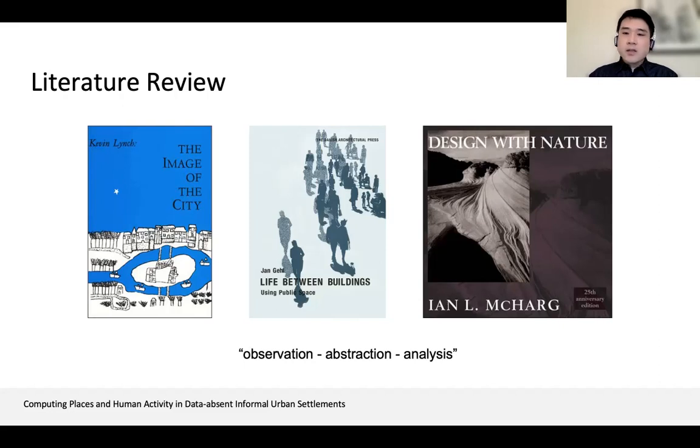The layering technique later provided inspiration for GIS technology eventually. But overall, all these urban design or urban planning methods usually follow an observation, abstraction, and analysis process.